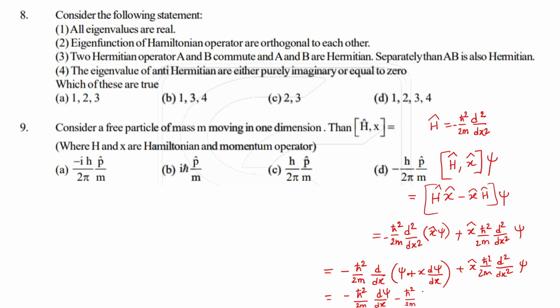So first we will take the derivative with respect to x, so d psi by dx will remain as it is, minus h cut square by 2m d psi by dx. Actually I have made a mistake.